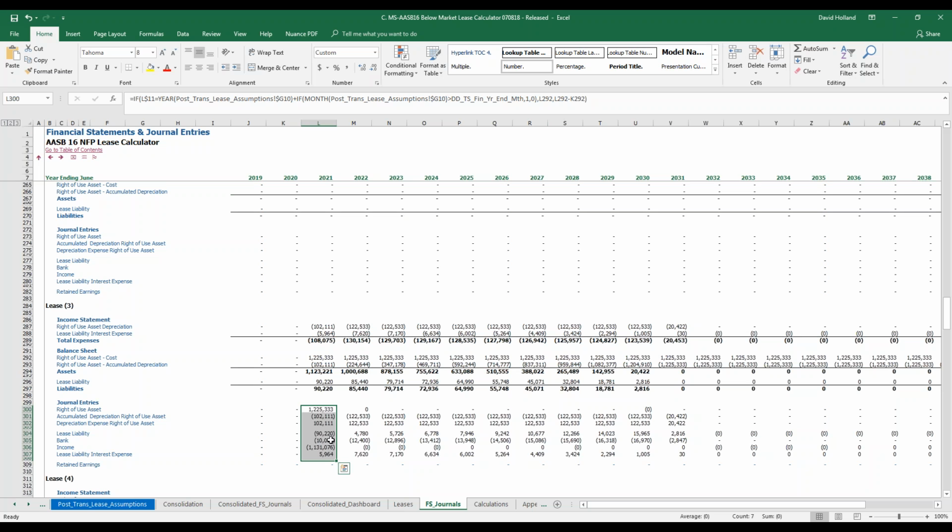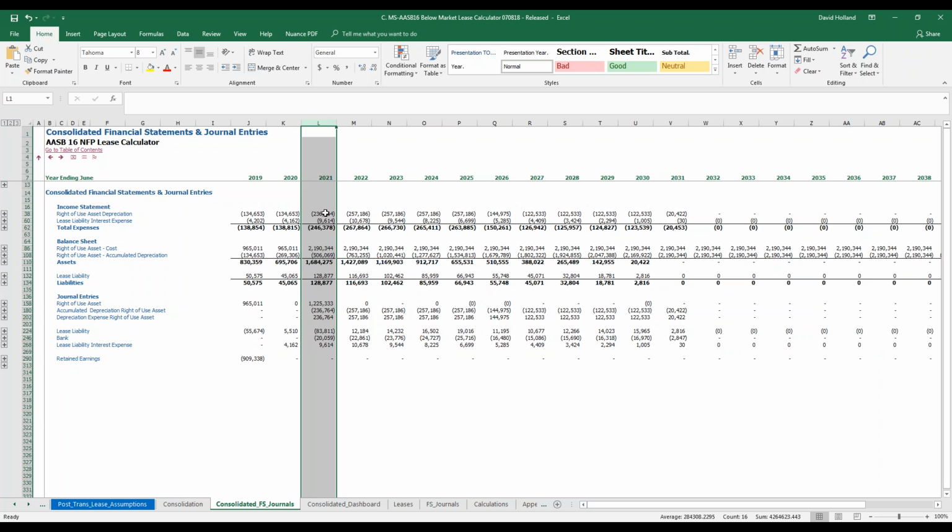The lease liability is based on your cash flows, and the difference is basically your interest expense. You can then go to the Consolidated FS Journals tab, and once again, look in 2021. There are your journal entries for all the leases that are input that go through there.